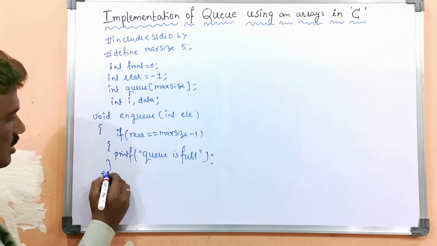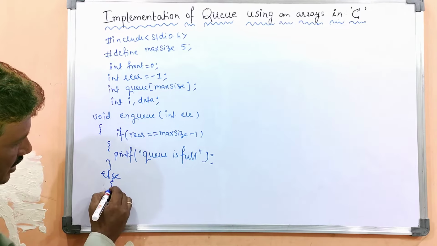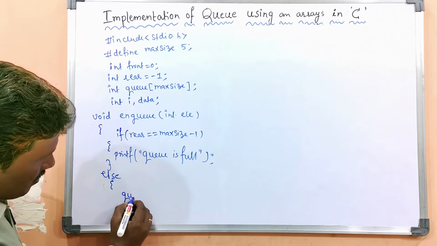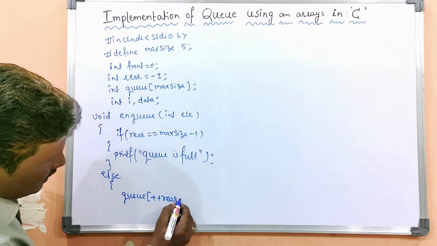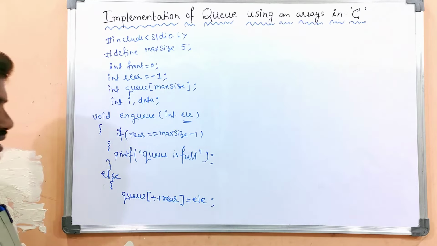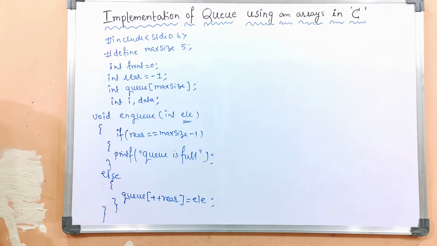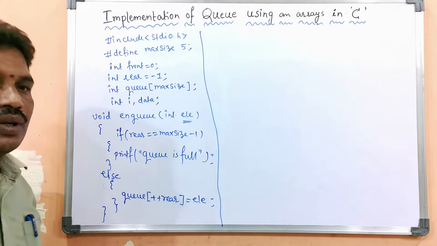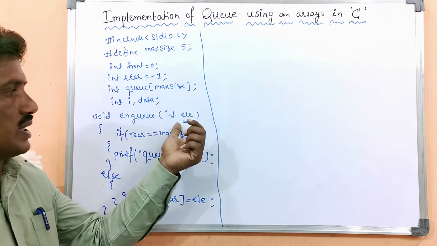Otherwise, else, you are able to insert the data into the queue. q of ++rear equal to element, whatever element you provided will be inserted into the queue. Then the function should be closed. I will explain after calling the enqueue operation.